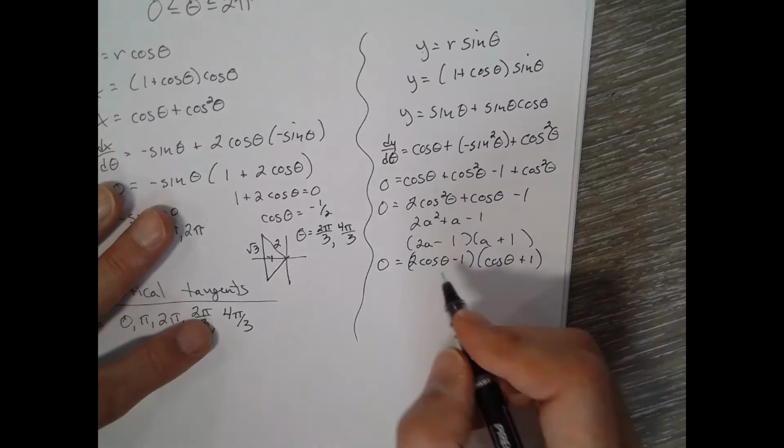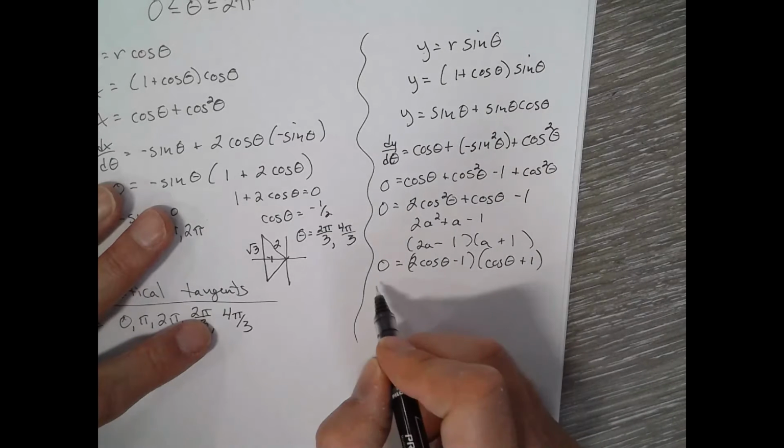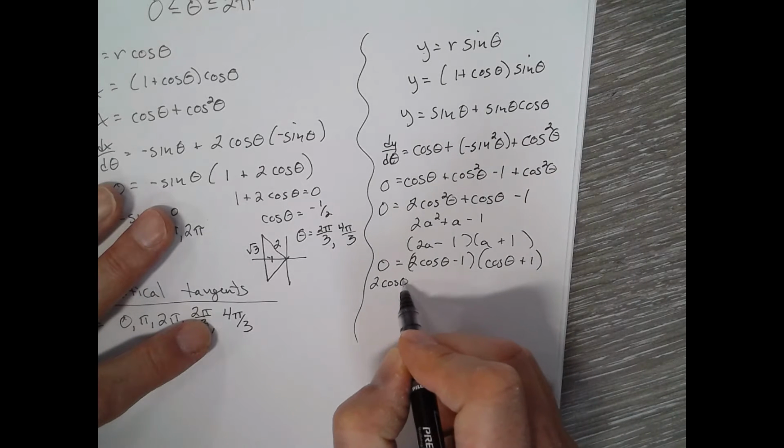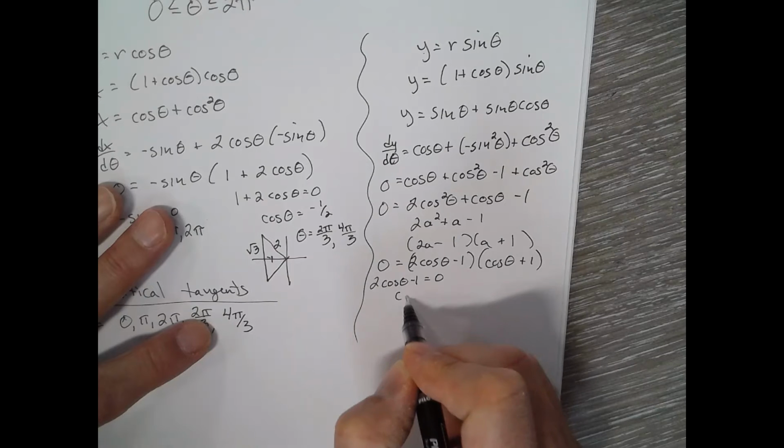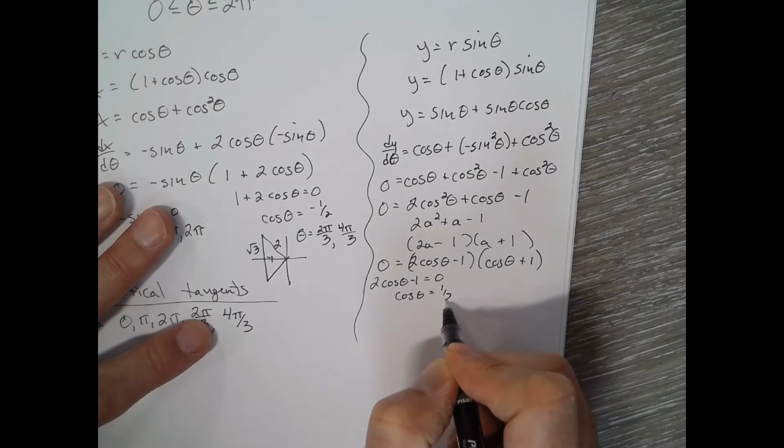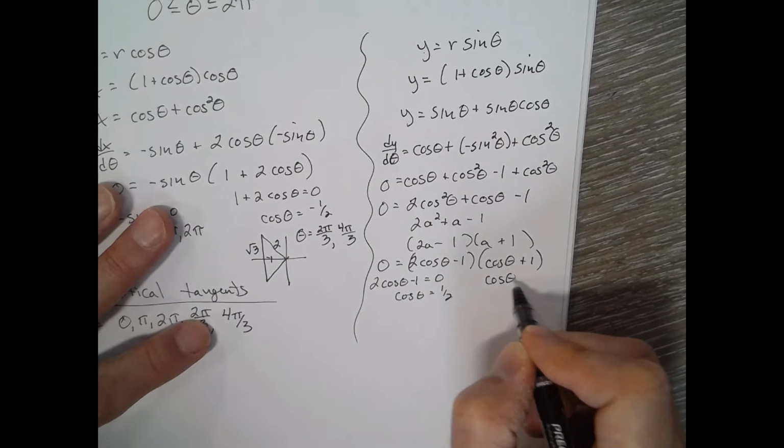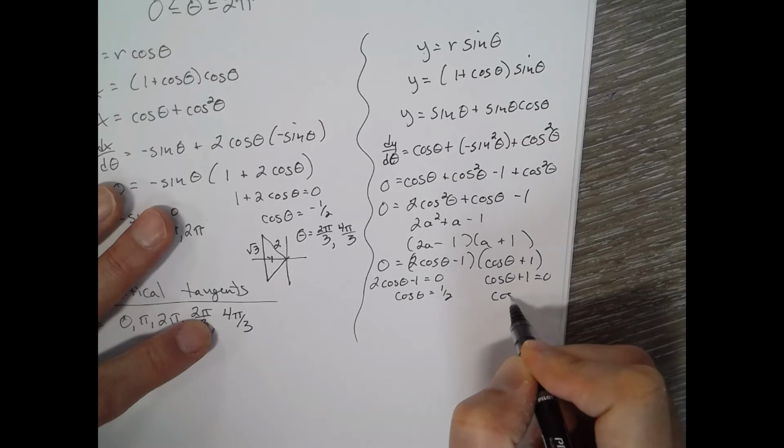Set each of those equal to 0. So cosine theta equals 1/2, and cosine theta equals -1.